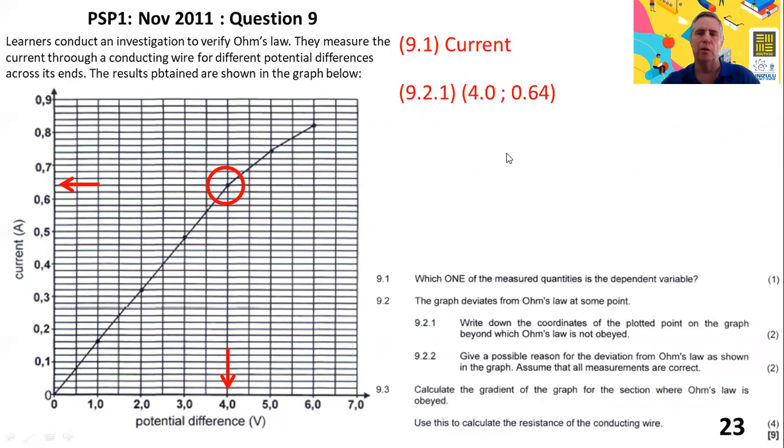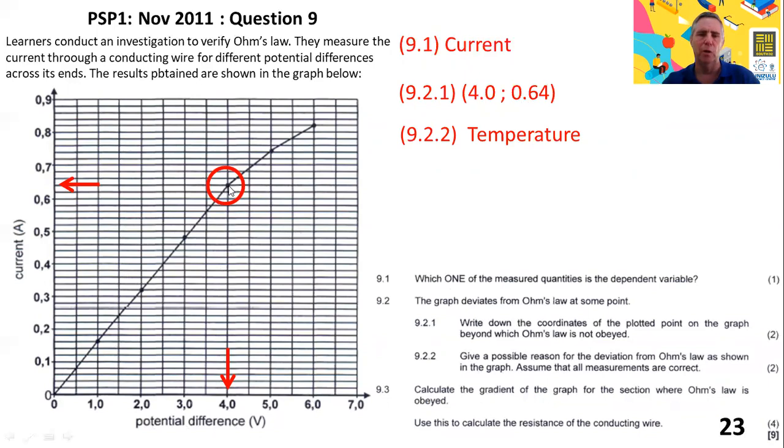Those coordinates are important. 9.2.2, give a reason for the deviation. Well, we expect that there was a change in temperature, and temperature must be constant for Ohm's law to be obeyed. 9.3, calculate the gradient of the graph for the section where Ohm's law has been obeyed. Now we have an advantage.